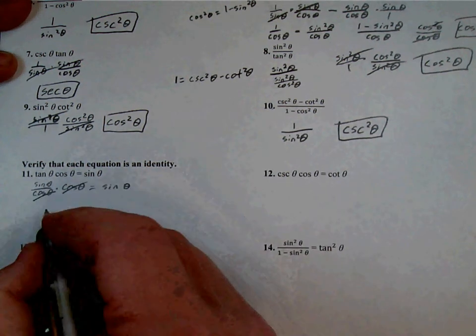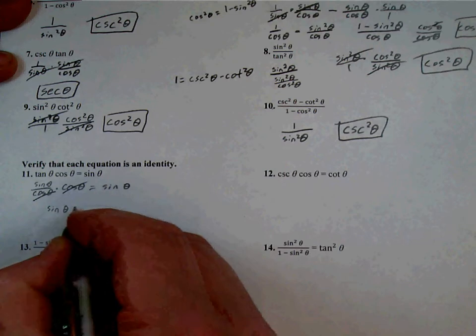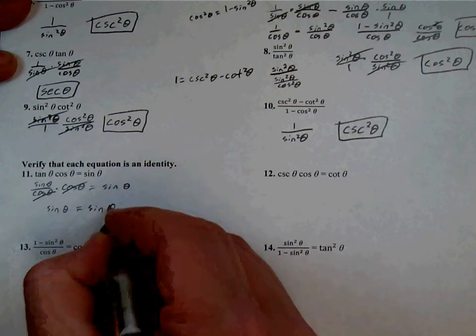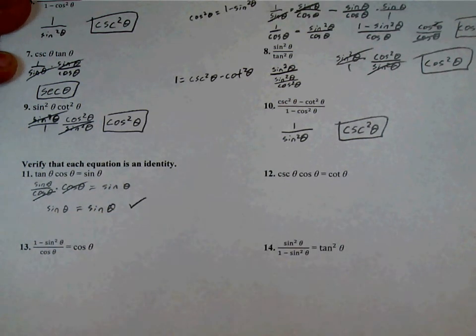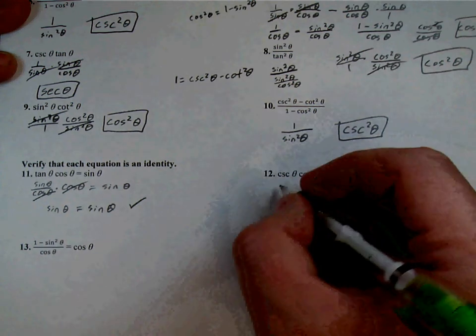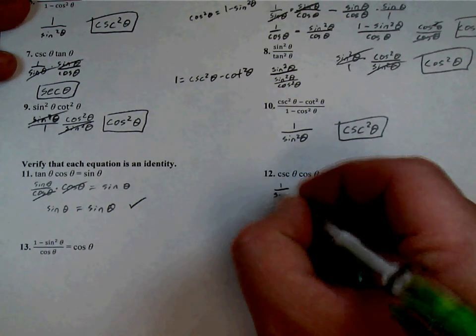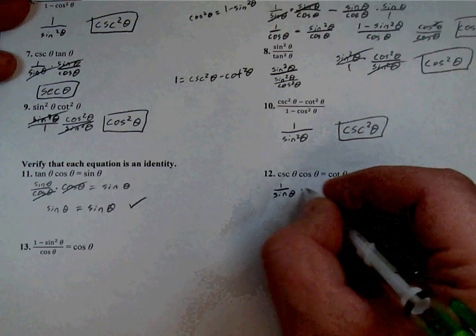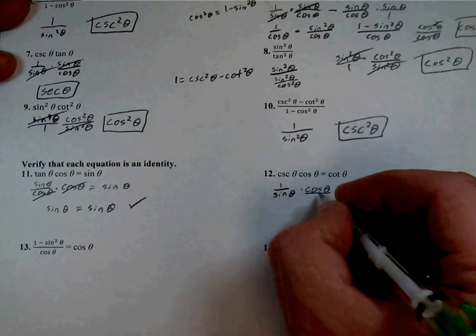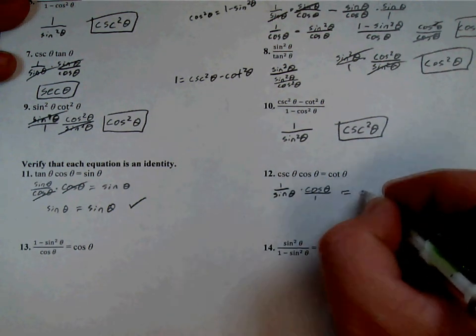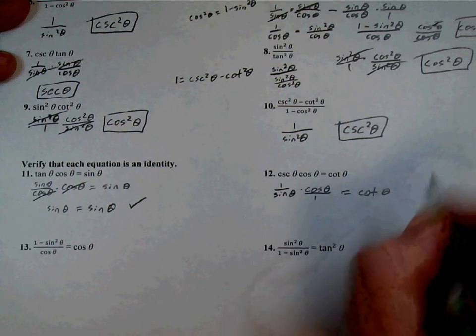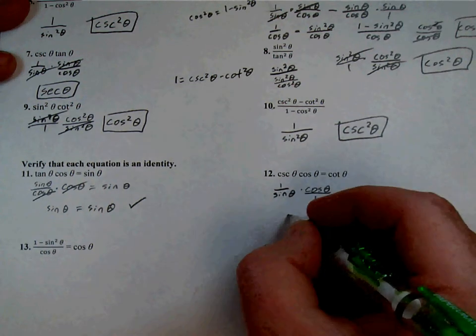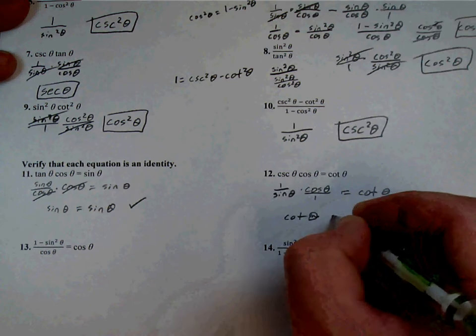Cosines cancel, leaving me with sine of theta equals sine of theta, which I have completed. Number 12, cosecant. That's 1 over sine of theta times cosine of theta. When you combine those together, that's cosine over sine, which we know to be cotangent of theta.